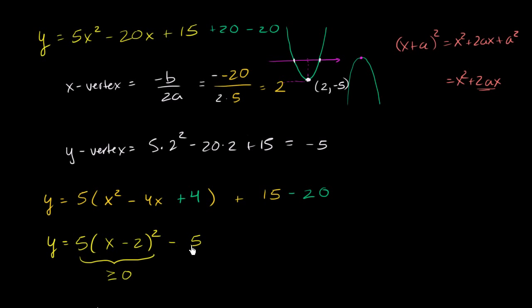So this whole thing is going to hit a minimum value when this term is equal to 0, or when x equals 2. And when x equals 2, what happens? Well, this whole term is 0, and y is equal to negative 5. The vertex is 2, negative 5.